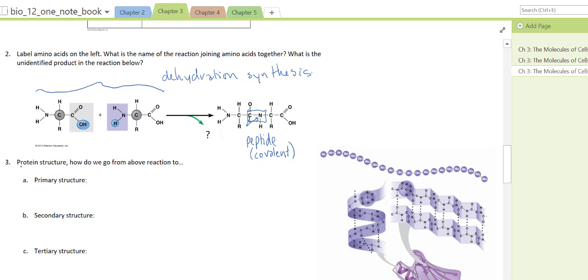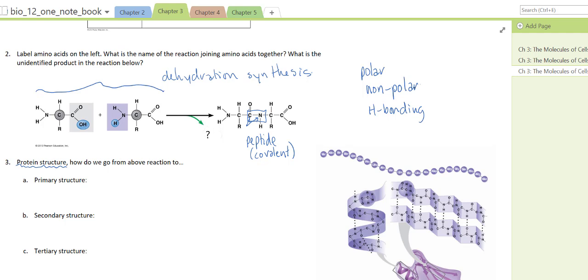As we move to protein structure, we're going to look at how proteins take shape as amino acids join together. All those things we talked about in terms of polar, non-polar, hydrogen bonding, all of these different types of bonds, all of these different forces of attraction or repulsion are going to play a role in how this protein takes shape.